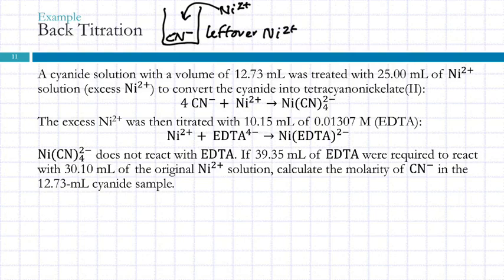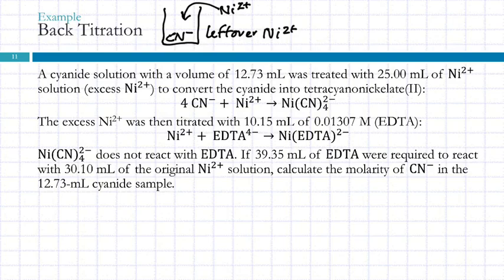And we can measure the nickel ion by titrating it with EDTA. And what we're trying to find out is how much cyanide was there by subtracting the amount that's left over from the amount we added to start with. We can find out the amount that reacted. Is that making sense?